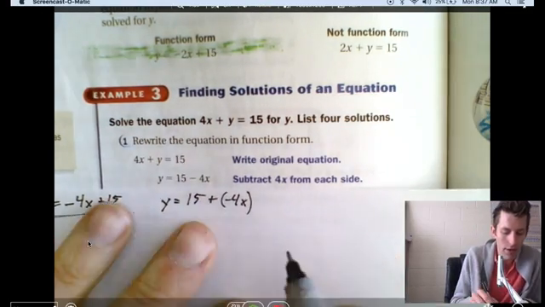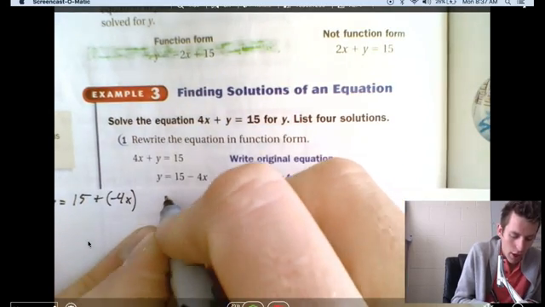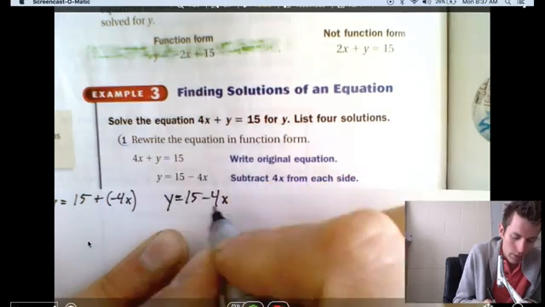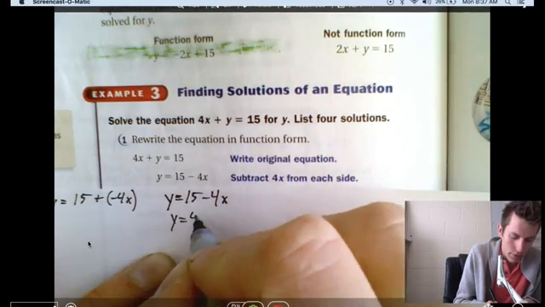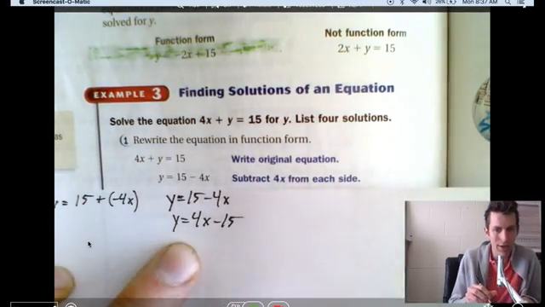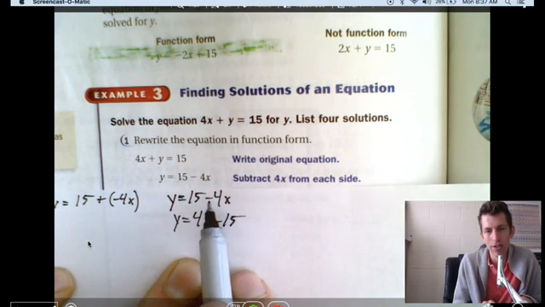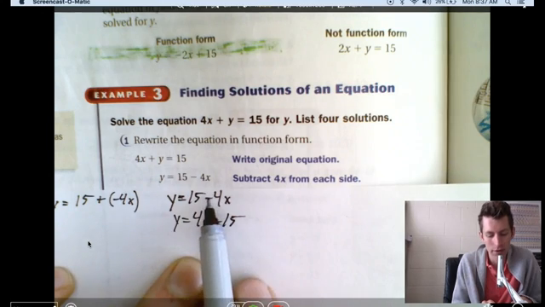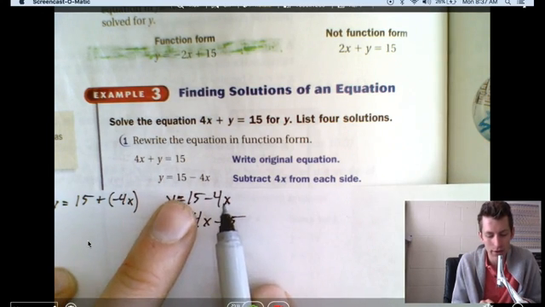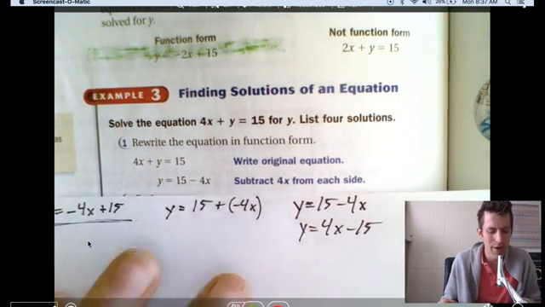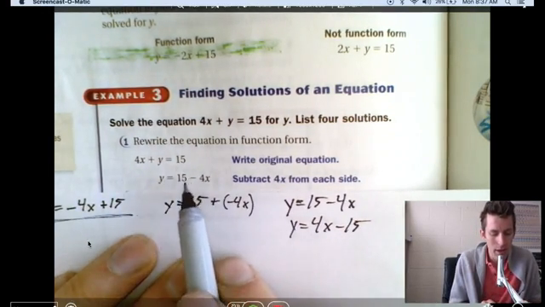If I would have done this, y equals 15 minus 4x, okay, well, I'm going to put the 4x first. y equals 4x minus 15. These two are not the same. Subtraction is not commutative. There's a subtraction between these two terms. You can't just switch them around. But Mr. Anderson, isn't that what we just did? No, there's a trick here.